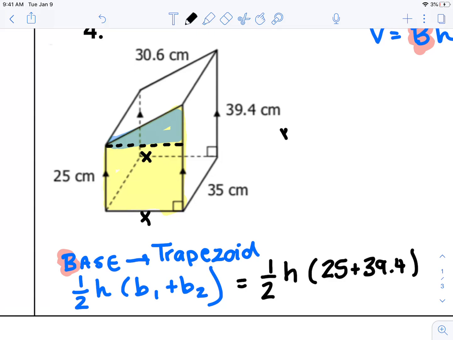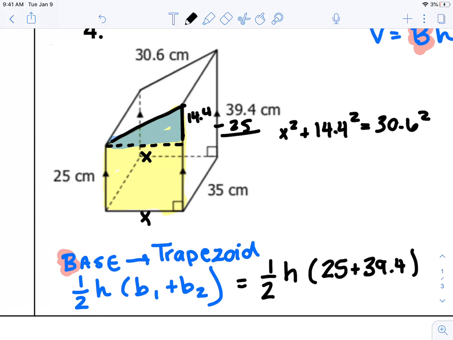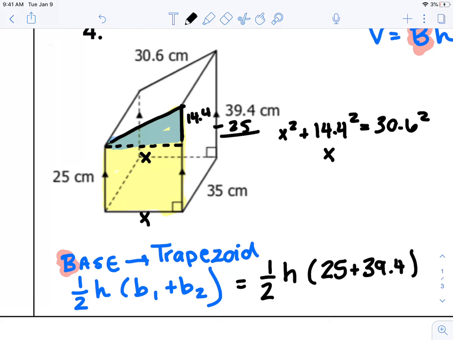So that's x squared plus this little guy right here, 39.4 minus 25, which is 14.4, so plus 14.4 squared is equal to this side, which is 30.6 squared. If I simplify it, I get 27. So now the height down here is 27.